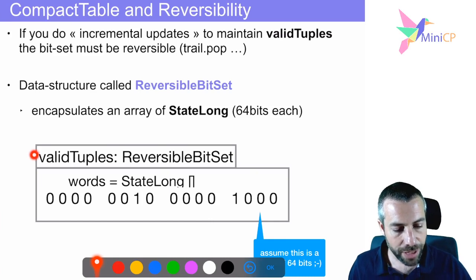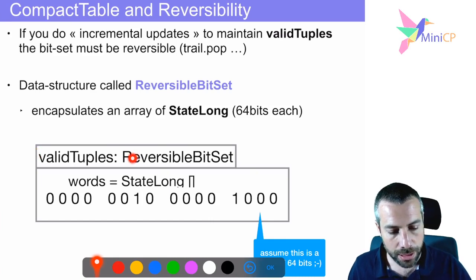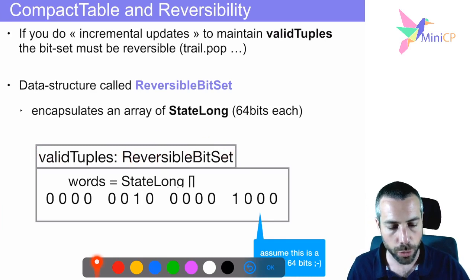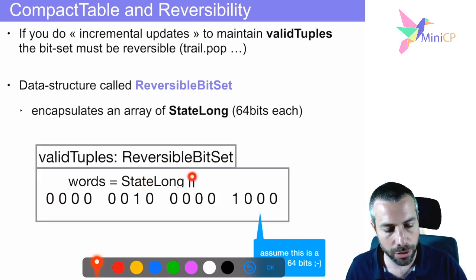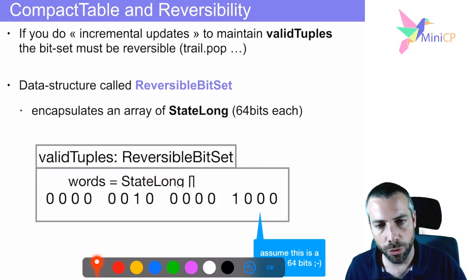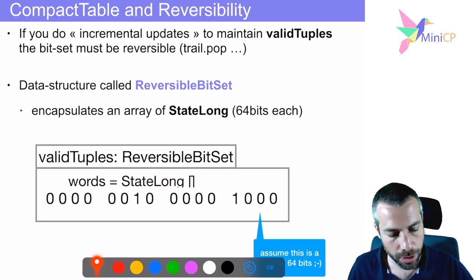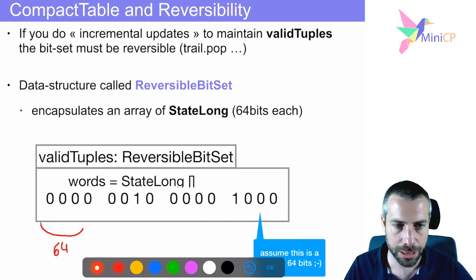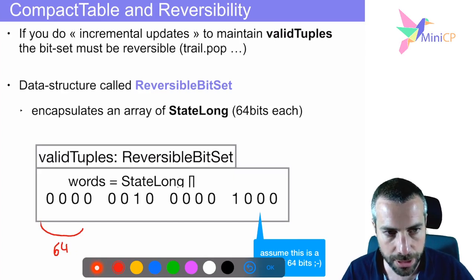So valid tuples is stored as a reversible bitset data structure, and internally we have an array of state longs that is represented here. This is a state long composed of 1, 2, 3, 4 longs. Remember this is normally 64 bits, but for the sake of representation, because we have limited space, we just show it with 4 entries.